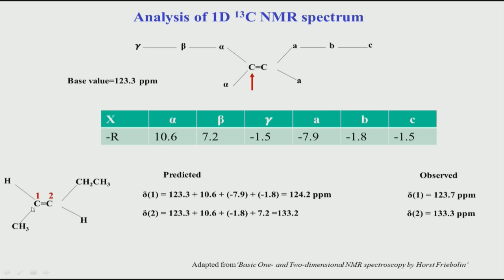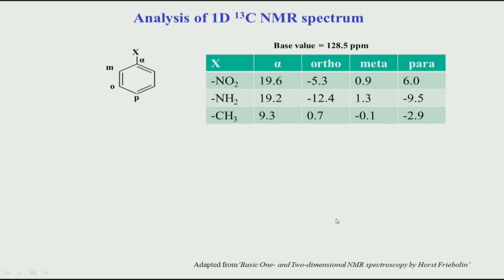So, in that region if you see 2 peaks corresponding to these 2 positions, this is the observed value, then if you want to assign which carbon is which, you can very easily assign that this peak at this ppm corresponds to C1 in this molecule, and this peak which will be observed is C2, because it is based on this prediction. So, this is all based on this table here, and more exhaustive functional group substituents are given in this book. So, let us look at another example with an aromatic system.